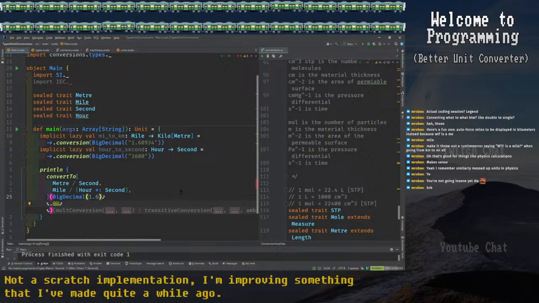I have to figure out... I have to convert negatives. This is what I was afraid of. Compound units. Oh, bother. Oh no, compound units. This is what I was afraid of.